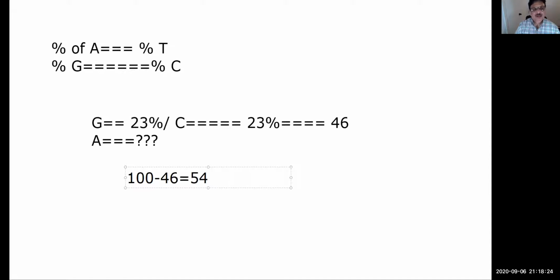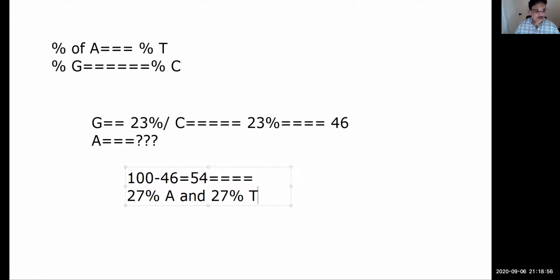We know that the percentage of A is equal to the percentage of T. So from here, we can back calculate that 27% of this DNA will be adenine and 27% will be thymine. So if we know the percentage of one of the nitrogenous bases, you can calculate the percentage of all 4 nucleotides. So that was Chargaff's rule.